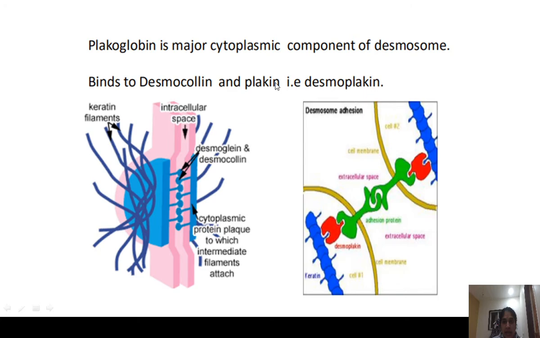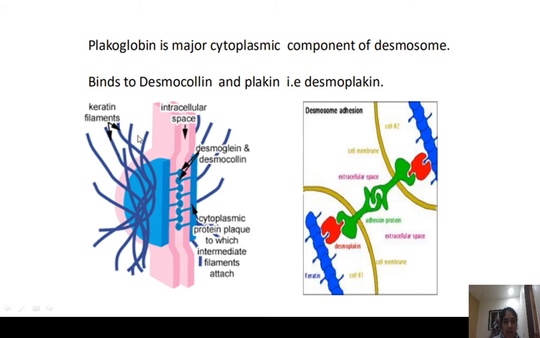Then there is the cytoplasmic protein plaque to which the intermediate filament is attached. So desmosomes interact with the intermediate filaments. Here you can see the keratin protein attached to the cytoplasmic protein plaque, to which the intermediate filament is attached. Desmoplakin belongs to the plakin family of proteins.